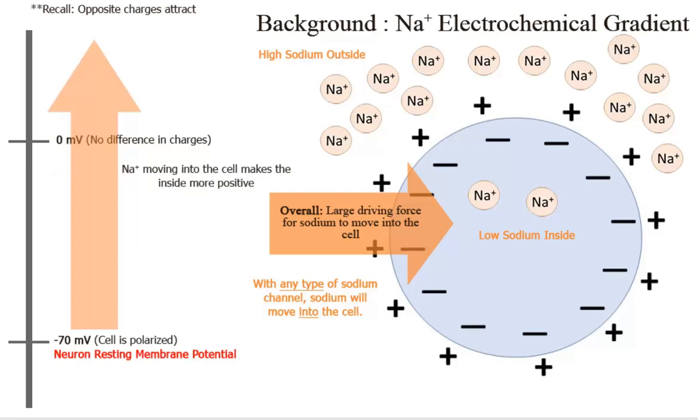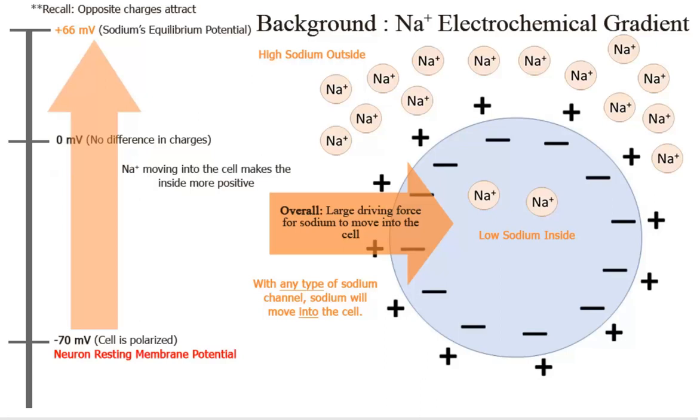And in fact, it's helpful to remember that sodium's equilibrium point, which is the point at which the sodium molecule is perfectly happy, with equal concentrations and equal electrical charges, is all the way up at plus 66 millivolts. So that means sodium really wants to come into the cell.